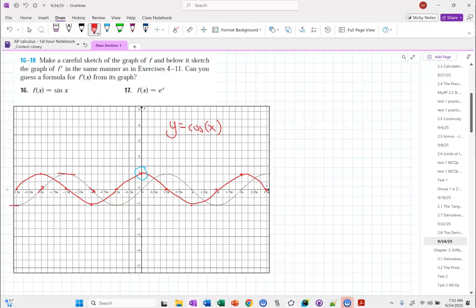Sure. So again, there's nothing sneaky that we're doing there. We're just sketching the derivative using the same method we talked about during the lesson: finding the places where the slope is 0, putting those in first, and then finding some intermediate points, estimating the slope in there and plotting some points.